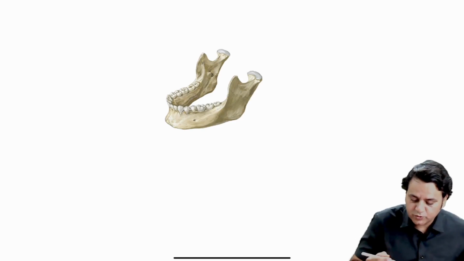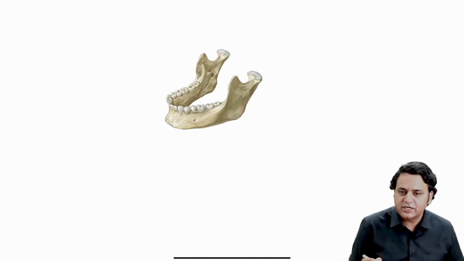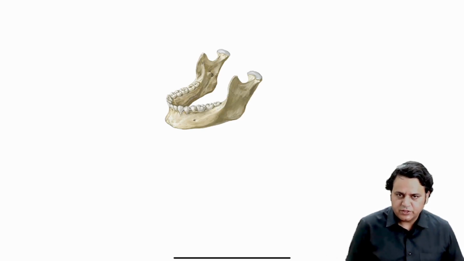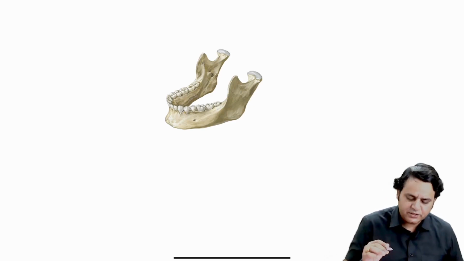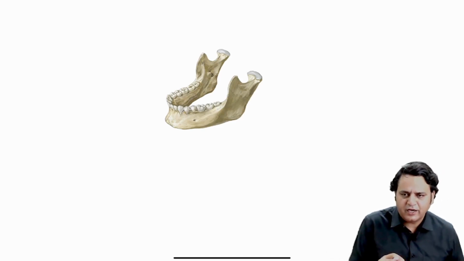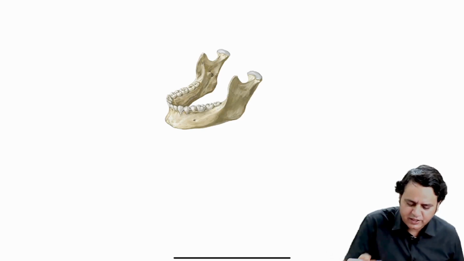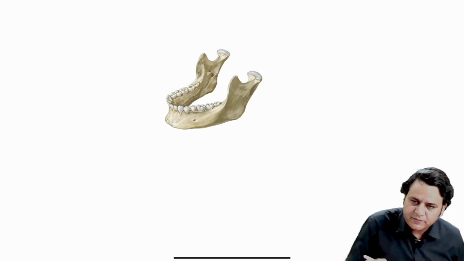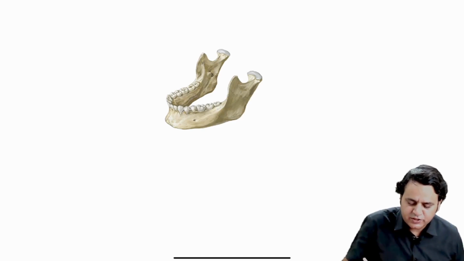So to understand these accessory ligaments of the temporomandibular joint, you first remember these 2 points. All of you know, but I want to explain first, then I will tell the name, then it will be very easy. If somebody doesn't know, then he can also understand.